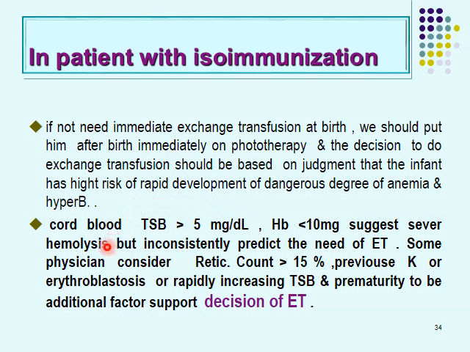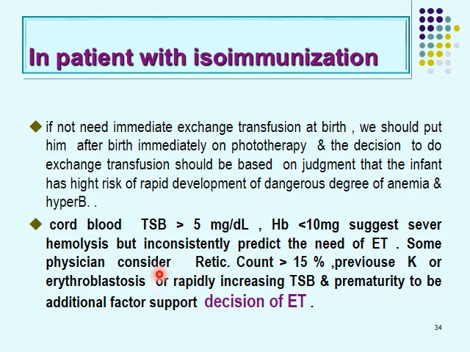The presence of cord blood TSB more than 5 milligram per deciliter and hemoglobin less than 10 milligram suggests severe hemolysis, but inconsistently predicts the need for exchange transfusion.